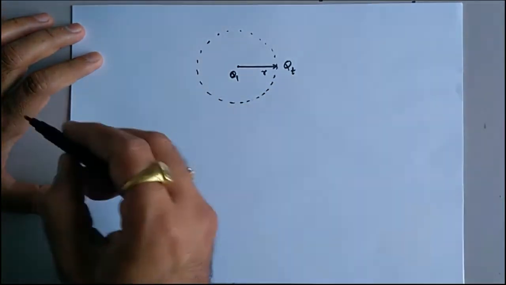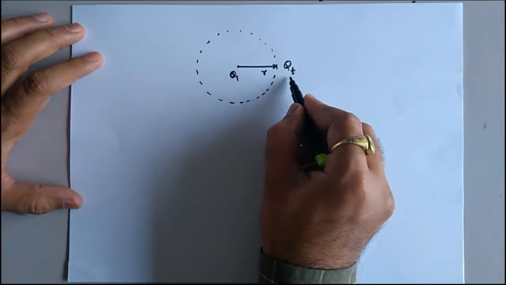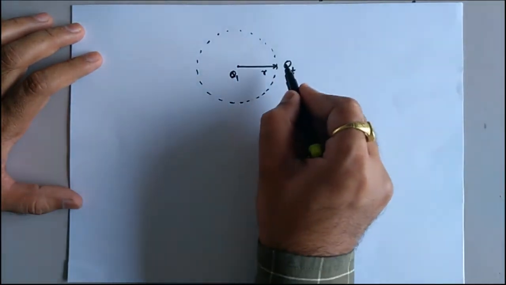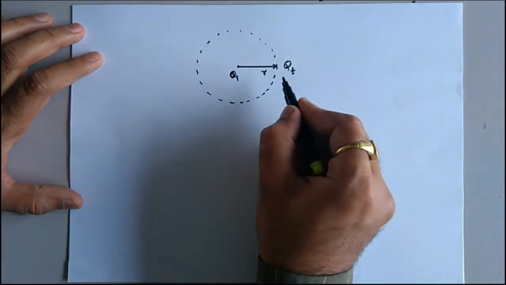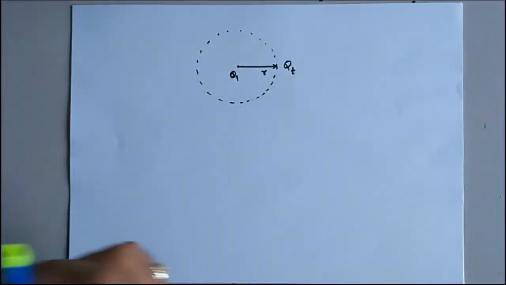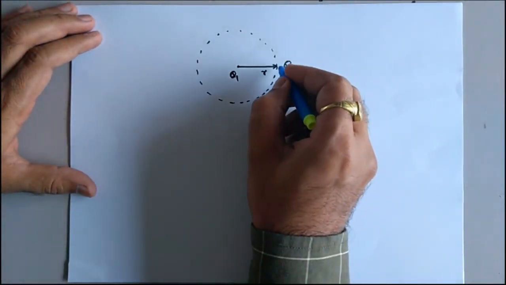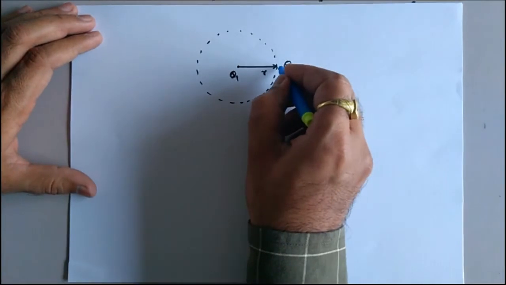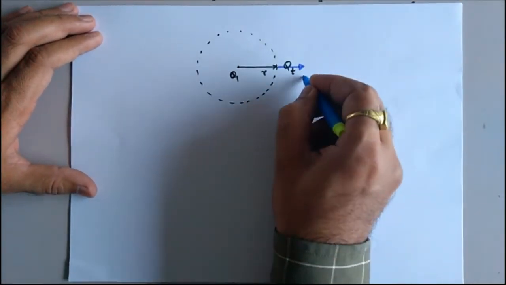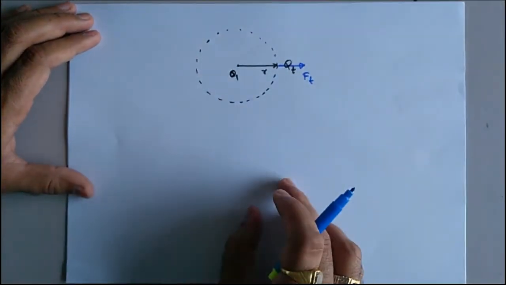Now, from our previous discussion it is very clear that this charge q2 will experience a force with respect to charge q1, either attraction or repulsion. Let us consider that both charges are of the same polarity, so charge q2 will definitely experience a force of repulsion with respect to charge q1. This arrow indicates the force experienced by charge qt.